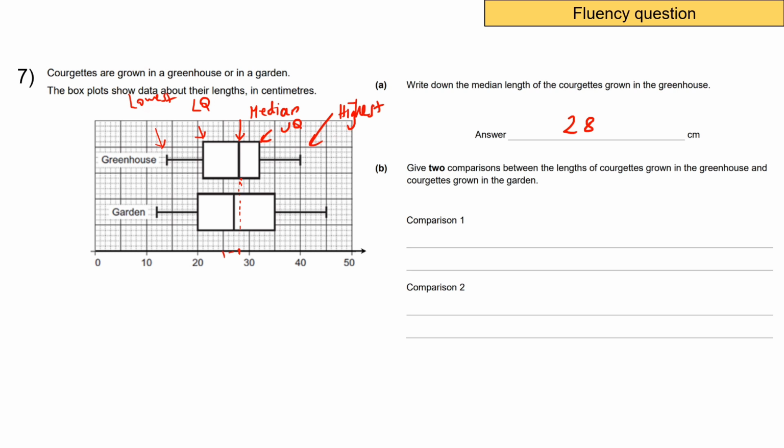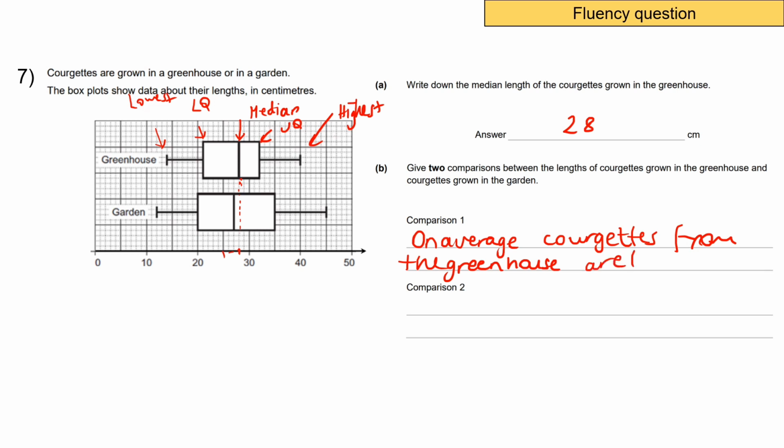So I'm going to be writing down, on average, courgettes from the greenhouse are longer as the median is higher.